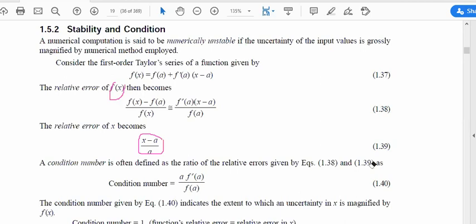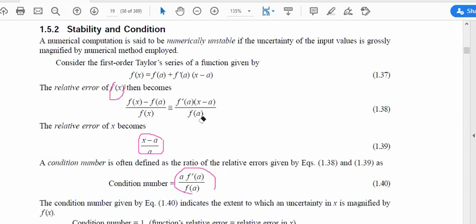How have we got this point? From 1.38 and 1.39. 1.38 is this, 1.39 is this. A has gone upside, so they have taken the ratio.